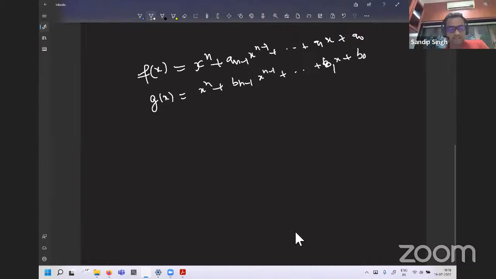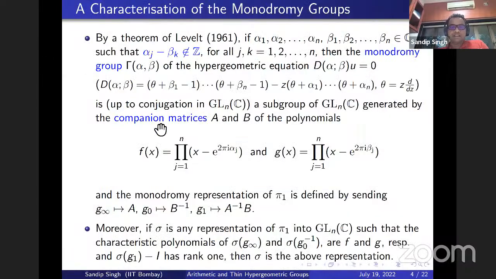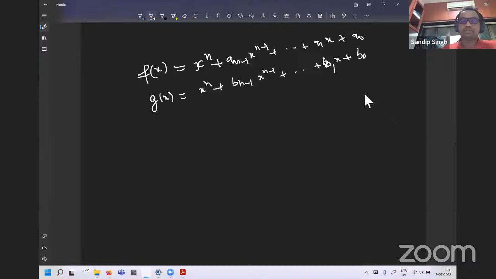If you expand f and g, they are monic polynomials with constant terms a0 and b0.